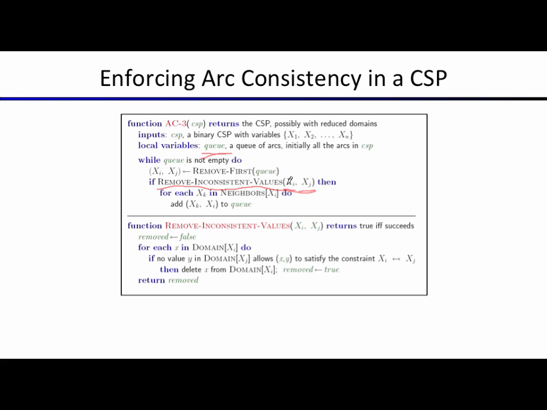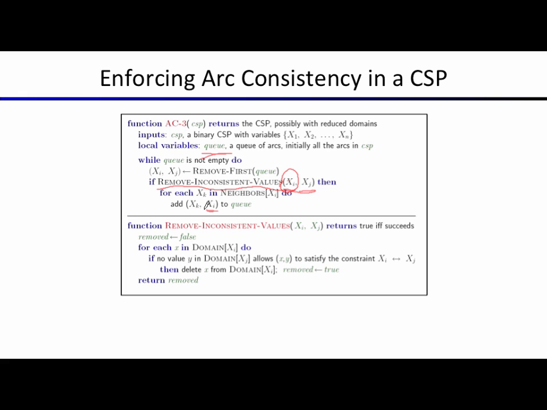And if I have fewer options in the head, then it might no longer be the case that for every value in the tail I'll find something in the head, because I just removed an option or maybe even more from the head, right? So if I remove values from xi, I need to make sure that I add all the things that have xi as a head back in the queue because those might not be consistent any longer. And that's essentially the algorithm. You just go through this until you have nothing in your queue anymore.